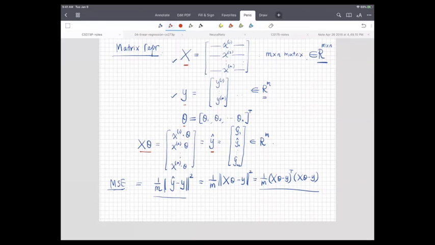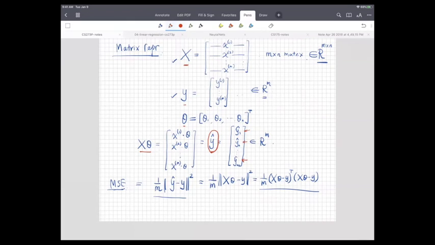In this representation, y hat is an m-dimensional vector with the first component representing the predicted value for the first sample, the second the predicted value for the second sample, and the last the predicted value for the last sample. Put all the predictions together and that is the vector of predictions y hat.